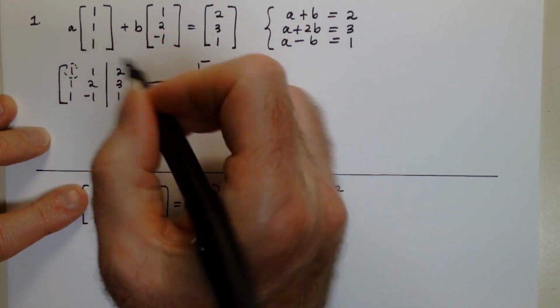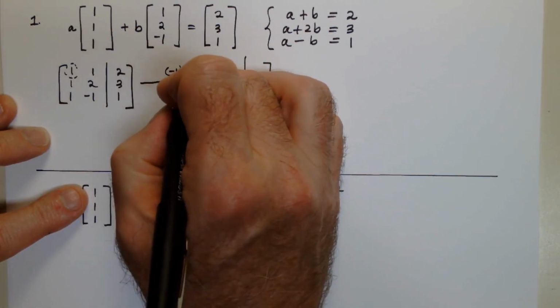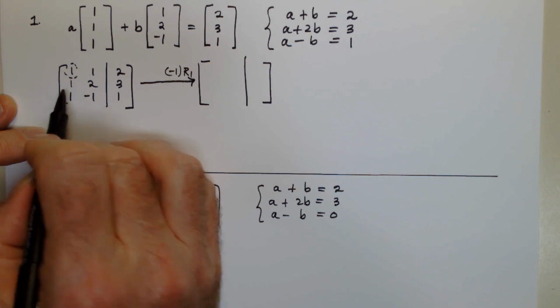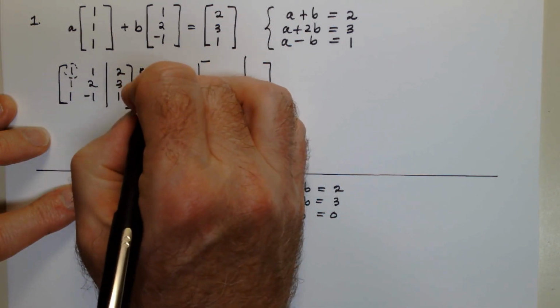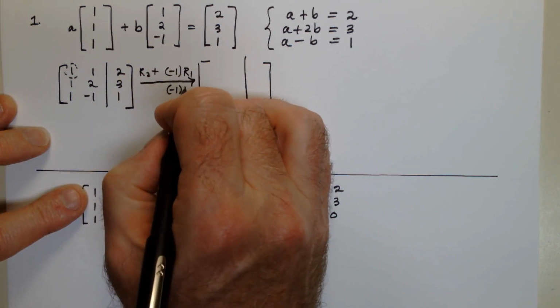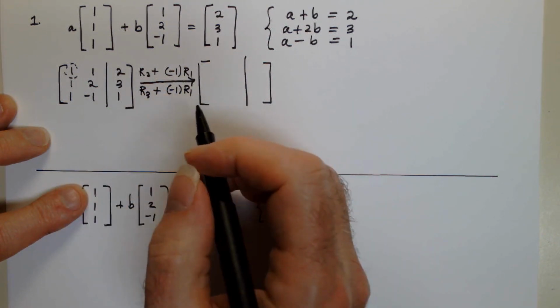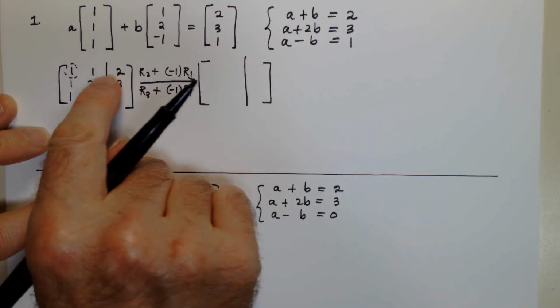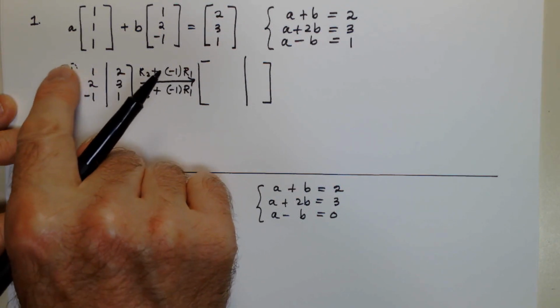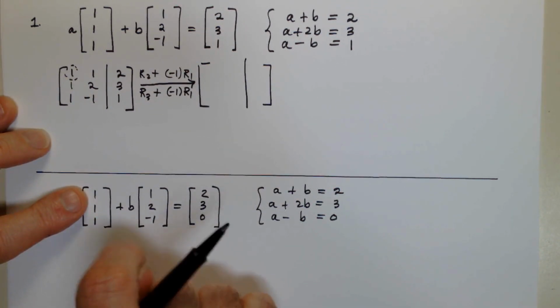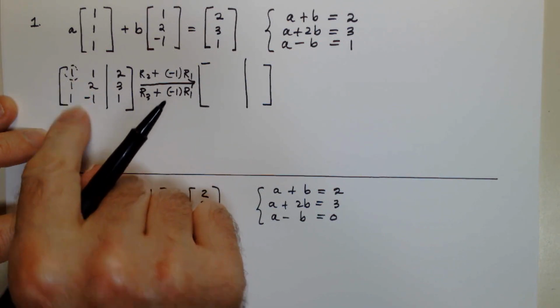So I'm going to take -1 times row 1, and add that onto row 2. And I'll do another one of these. I'm going to take -1 times row 1 and add that onto row 3. So my recipe is going to be the same in both cases. I'm simply going to use this 1 to drop down and eliminate these ones that sit in its column.